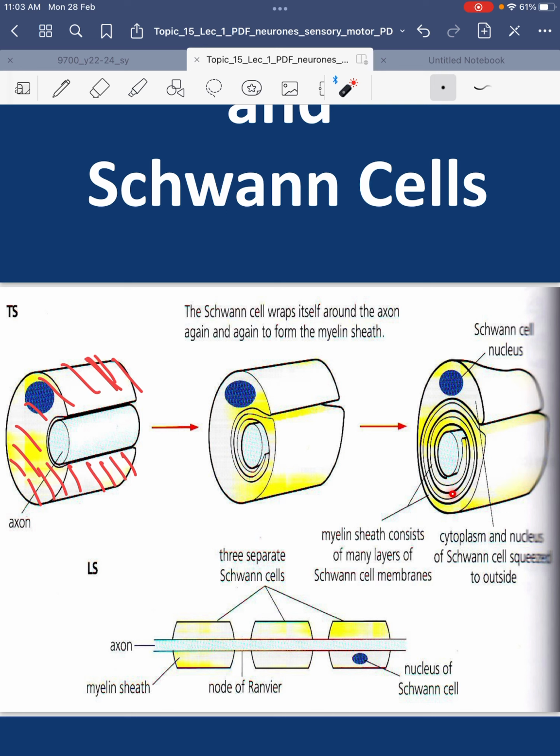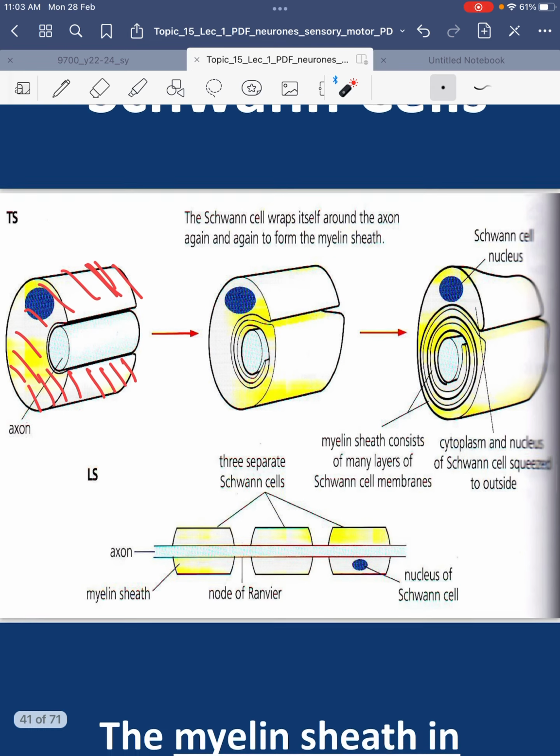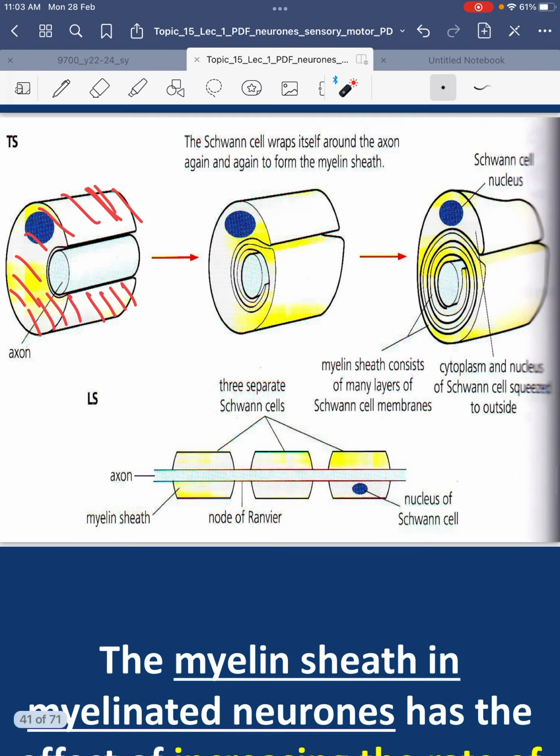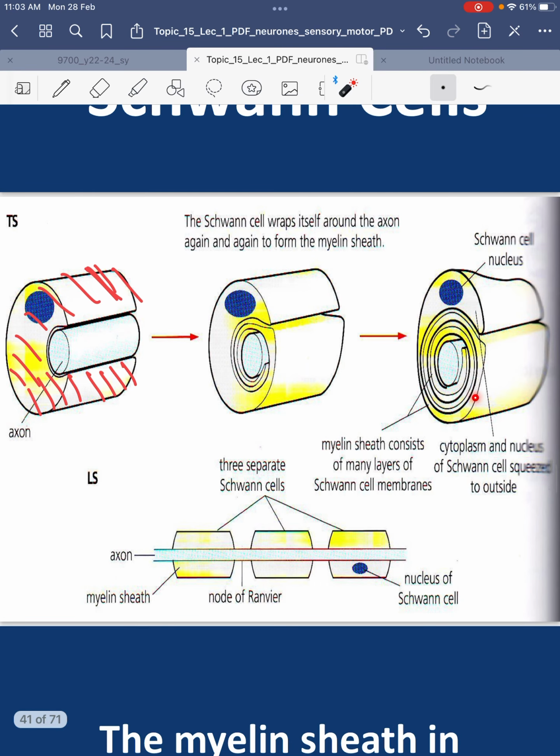The Schwann cell wraps around the axon, producing this very thick layer of Schwann cell membranes, which are essentially made up of fats. So it provides electrical insulation, meaning electrical impulse cannot pass through this region here.